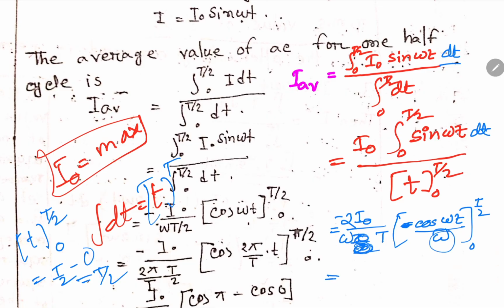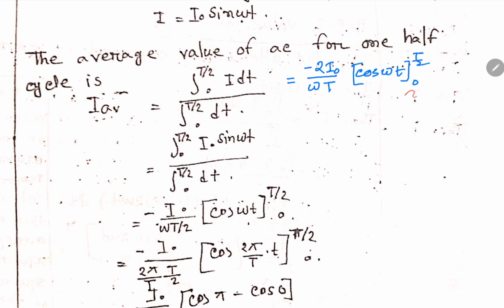So I have basically 2 I naught by omega t, and then cos omega t integration from 0 to t by 2. Okay, so I wrote the whole thing here because it was looking all messy. Okay, so now you have minus 2 I naught divided by omega into t, and then you have this t by 2. You plug in t by 2 here.